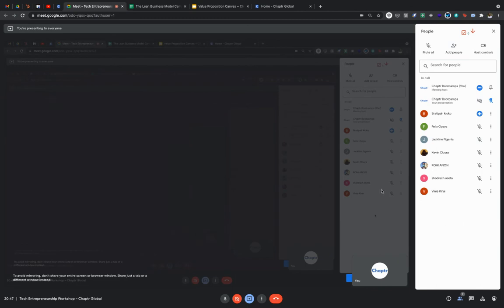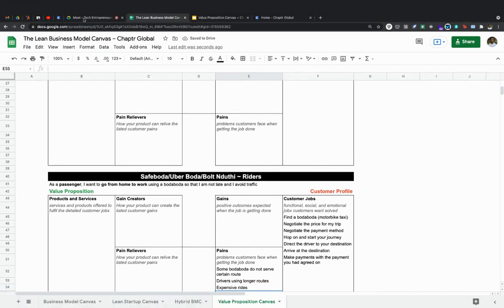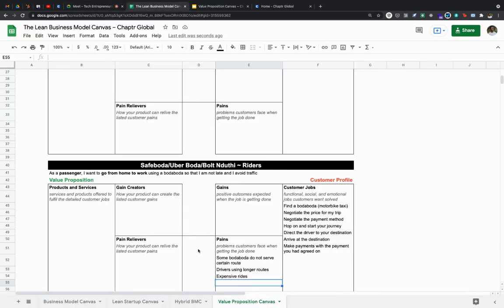Maybe the cost affordability. Yeah, so expensive, price exploitation. Expensive rides, you could say that. What other thing? Someone else wants to contribute to this? Accidents, right? That's a good thing.